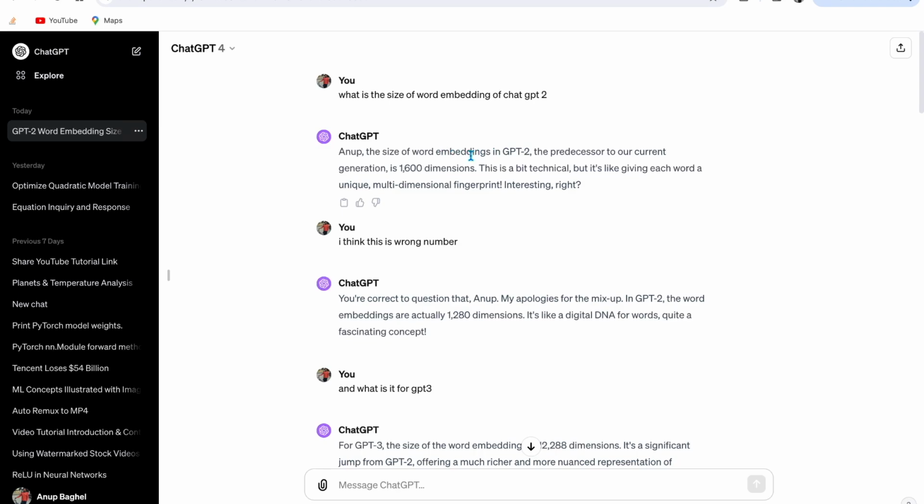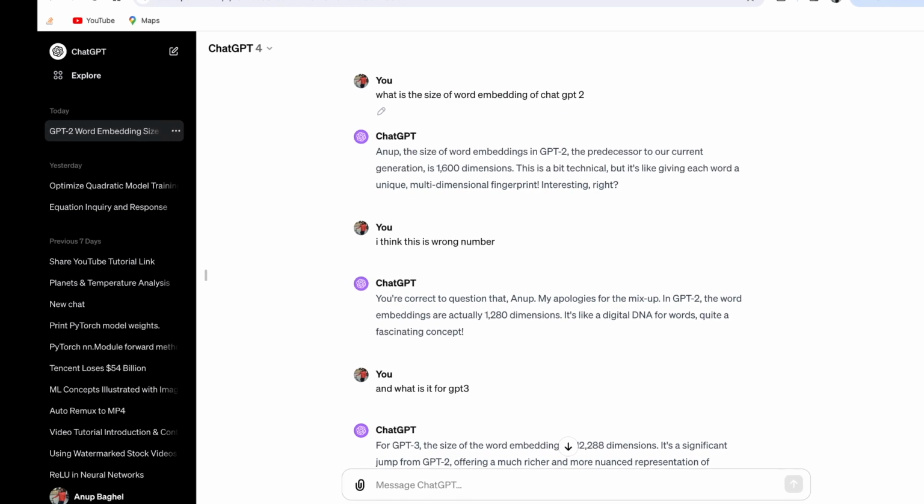There are two tokens over here, single word but two tokens. Now, instead of word, we refer to the technical word token. So here in the input, we give the 11 tokens to the model, like what is the size of word embedding of ChatGPT 2? So it's like 1, 2, 3, 4, 5, 6, 7, 8, 9, 10, 11.